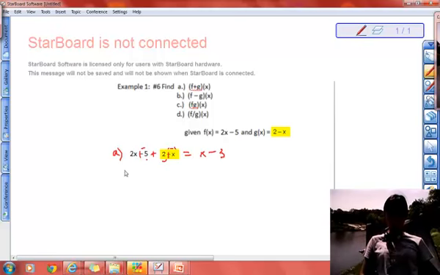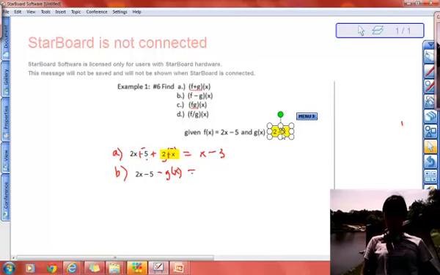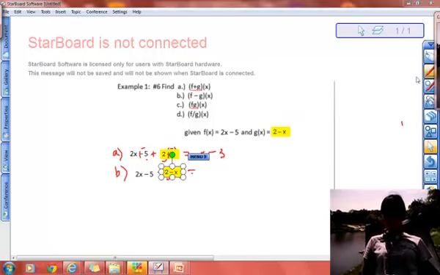B, again, all that's asking for is f(x) minus g(x). So what we're really doing is we're just going to be taking, well, what is f(x)? Again, that's going to be defined here, minus g(x). This is where the groupings do matter, because subtraction is not associative like addition is. Order does matter.